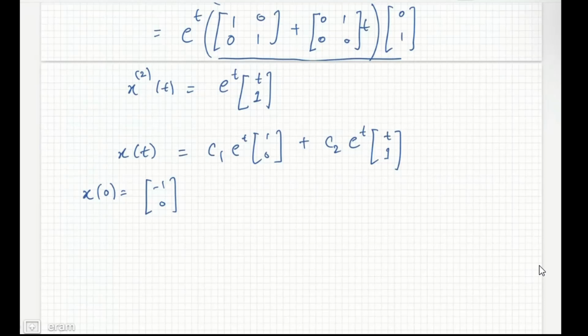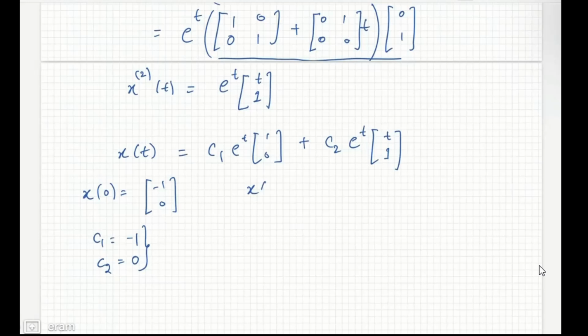Anyone calculated? C1 is -1. And what will be C2? C2 will be 0. Okay, because I have not calculated, so I trust these values.